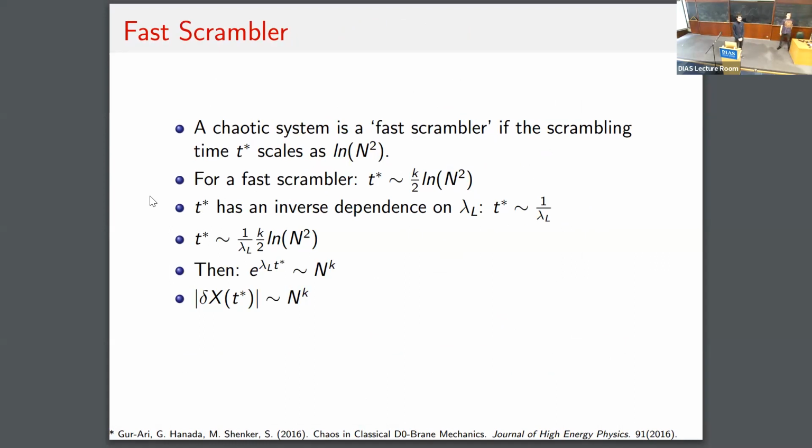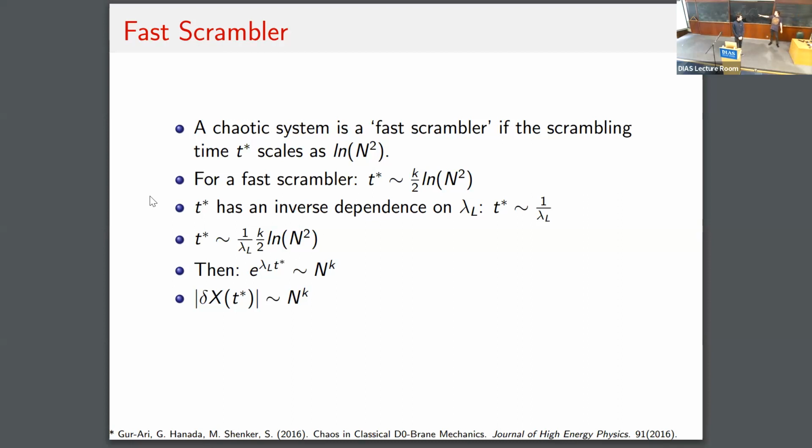And fast scrambling means that the behavior is given by the value k equal 1/2. That's what it means, or it means something else? Well, for this classical system, yeah, but scrambling time isn't really that well defined in classical systems. It's more of a quantum thing. But we basically made the classical analogy from quantum scrambling time over to here.